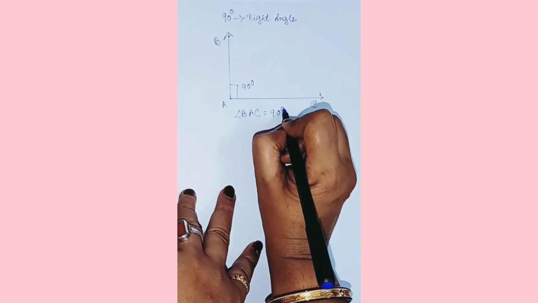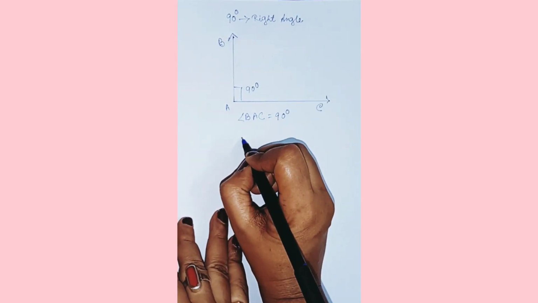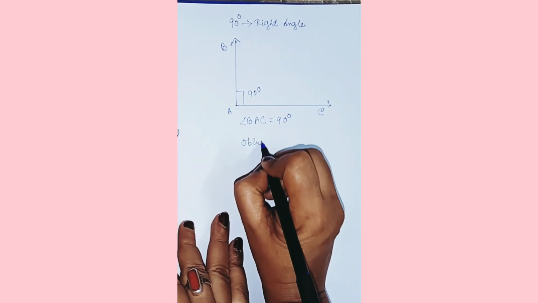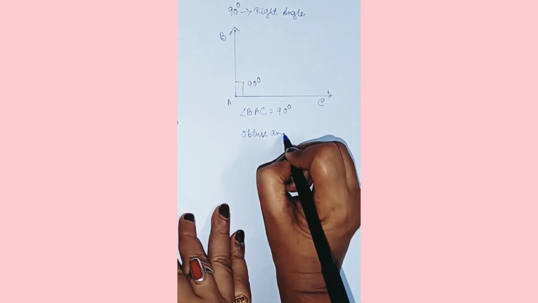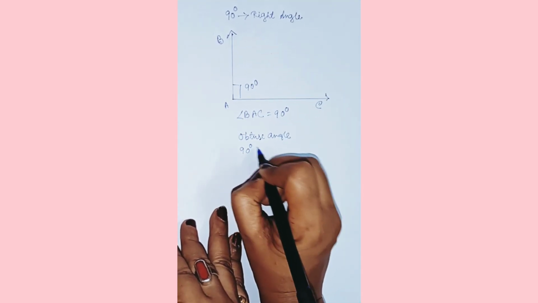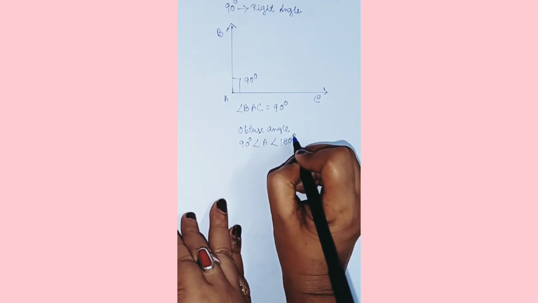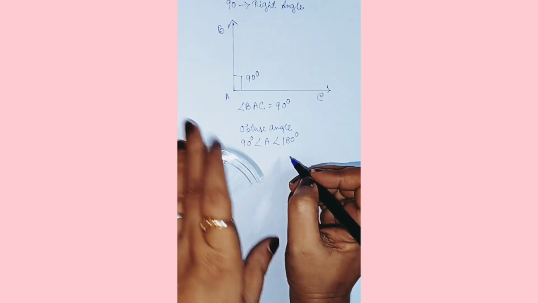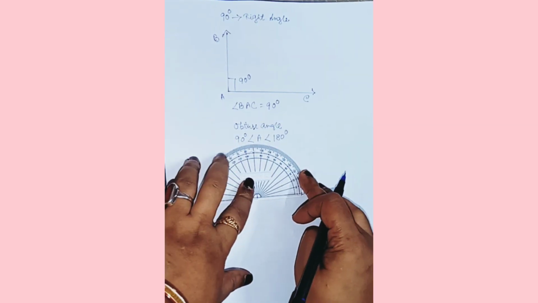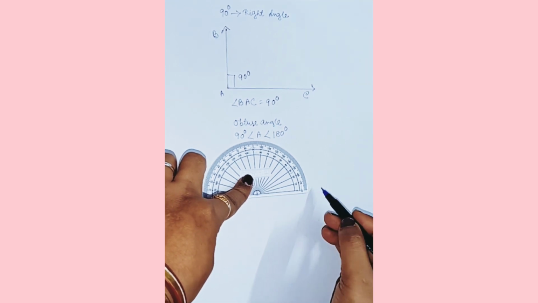Now I am going to explain the obtuse angle. What is an obtuse angle? The angle which is greater than 90 degree and less than 180 degree is called an obtuse angle. Now I draw the line. You can use a scale also.